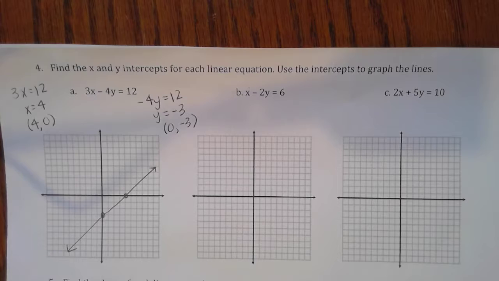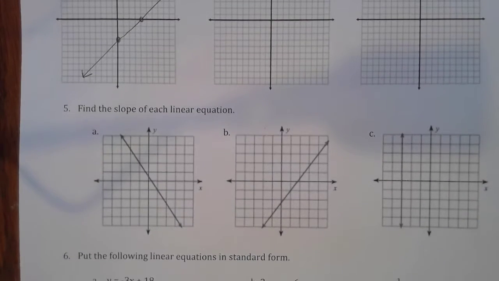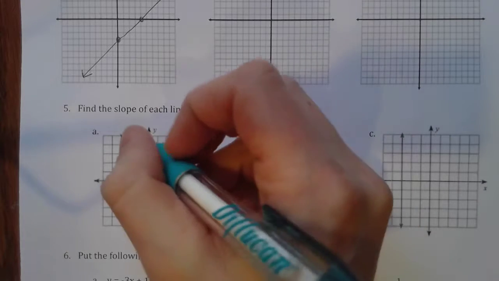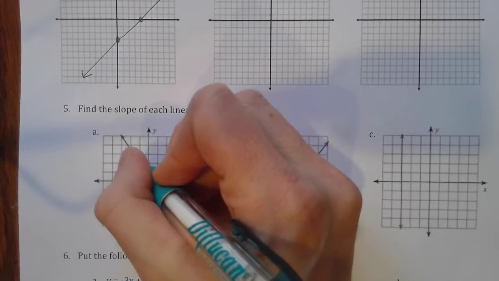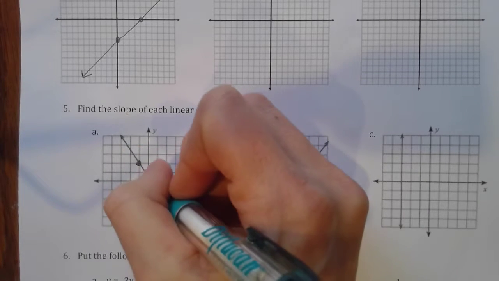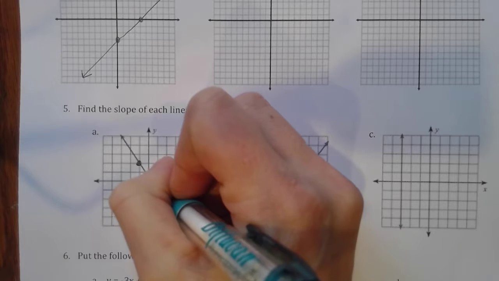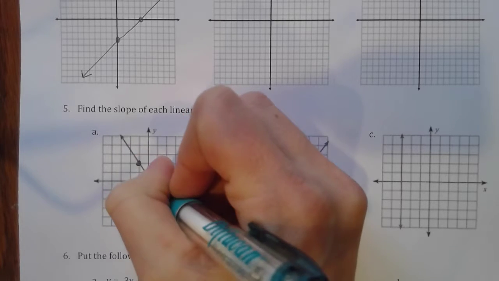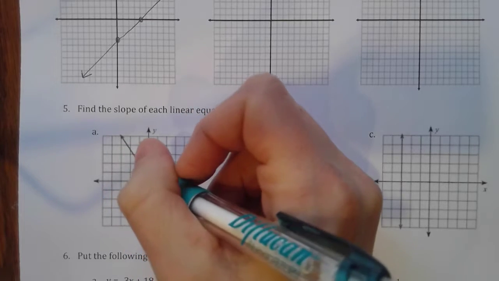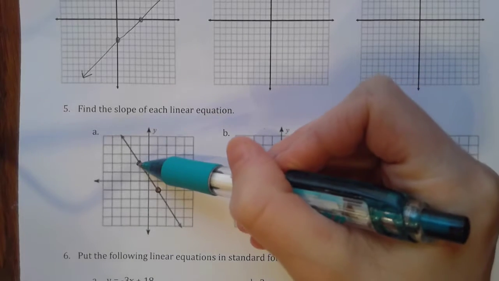Okay. Number 5. A says find the slope of each linear equation. They will not give you specific points labeled, but we can just pick a couple. So I will pick this one, and I will pick this one. When you find slope, you always want to go from left to right, and you always want to go up or down first. So start with your left point.